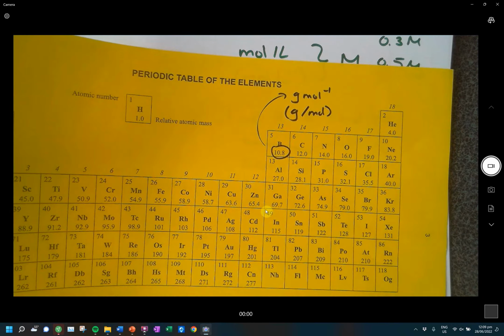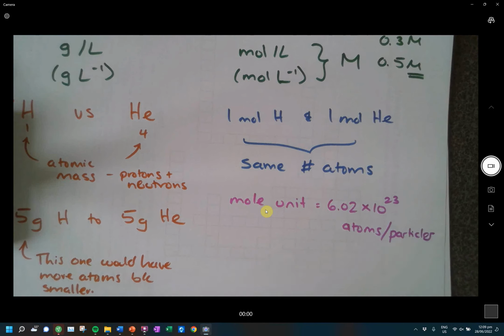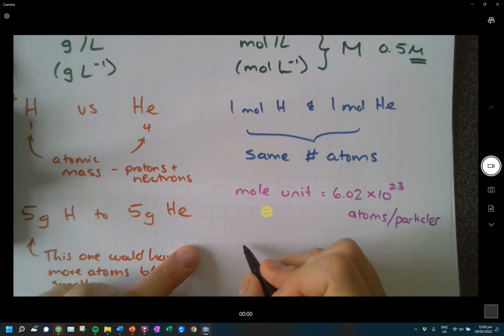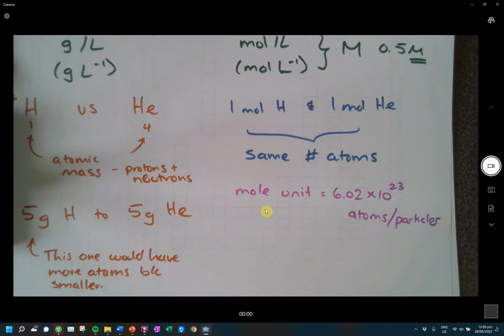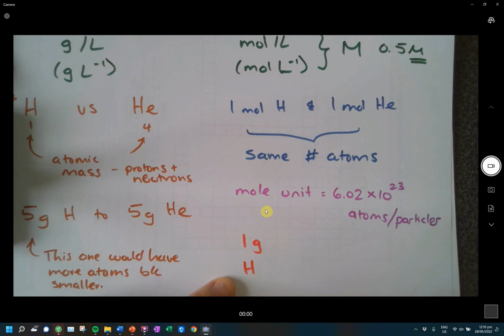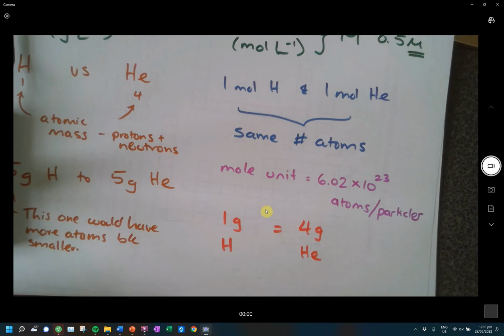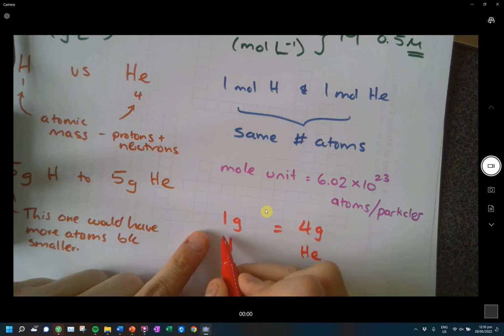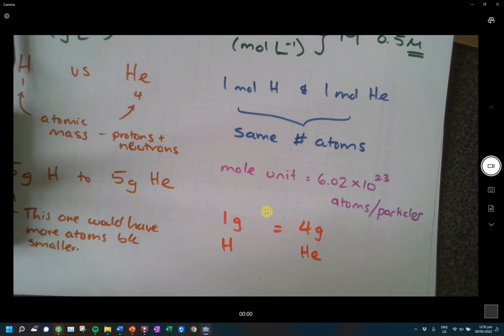So what that means is, if I weigh out 1 gram of hydrogen and I weigh out 4 grams of helium, these two would have the same number of atoms because now I'm using their atomic masses. Are we okay? Should I do some more calculations to show you what I mean? So this is the mass that would have the same number of moles.